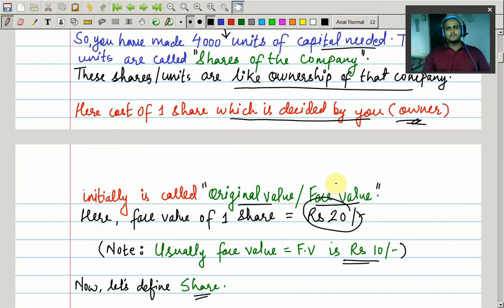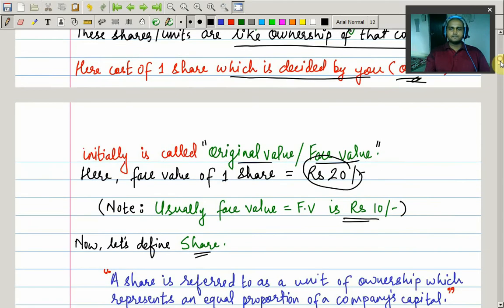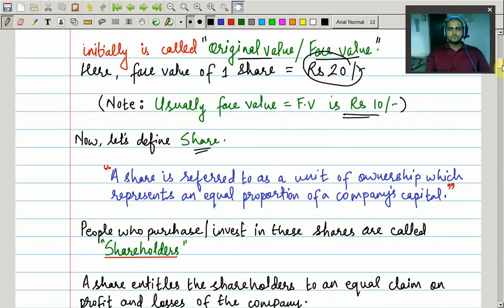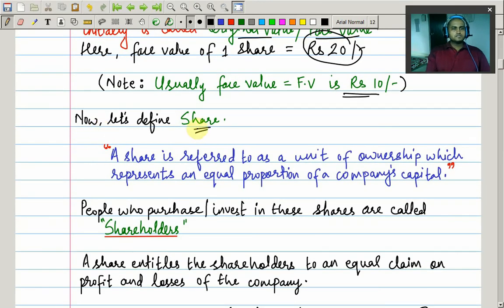So in the beginning of my business or my company, I have decided that my unit will cost rupees 20. So that rupees 20 is called face value, initial value. Note, usually face value is rupees 10.